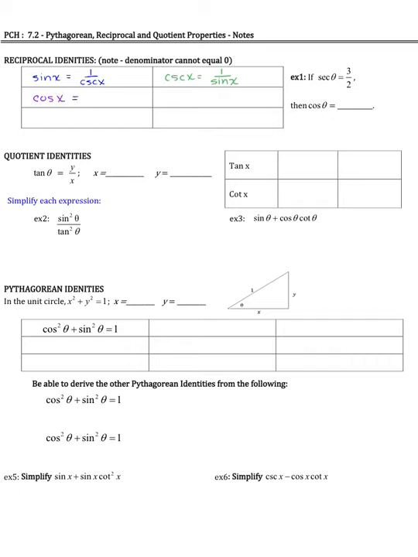So cosine is 1 over secant x, and then its reciprocal, secant, is going to be 1 over cosine. And then our last one is going to be tangent, and its reciprocal is cotangent.